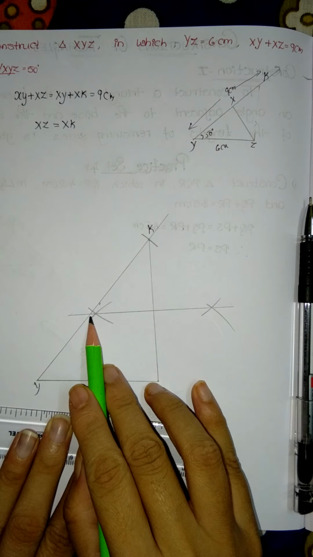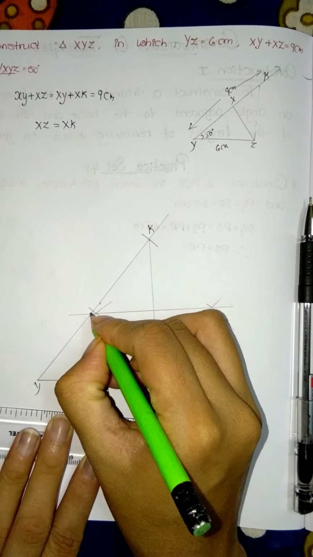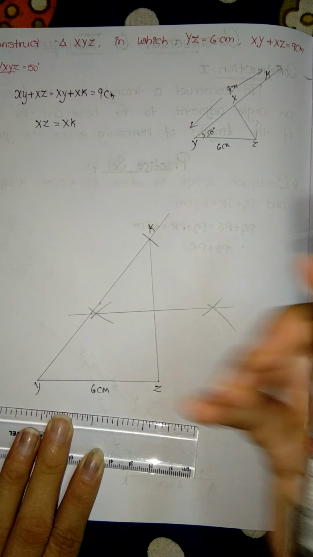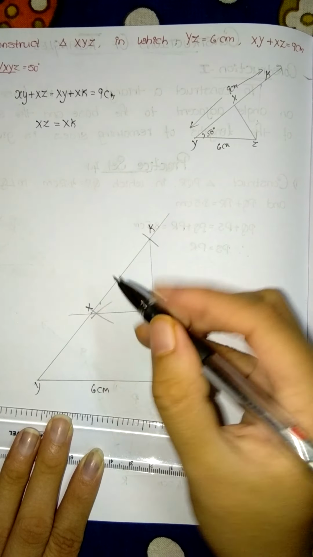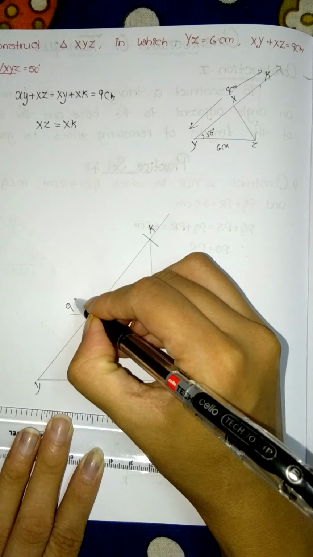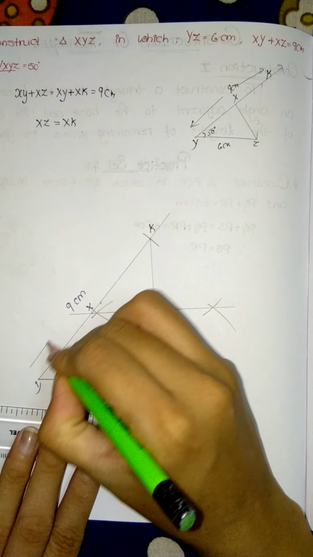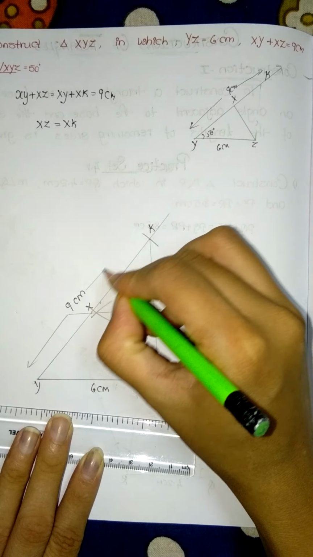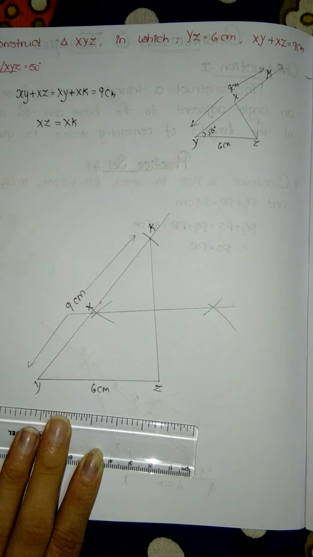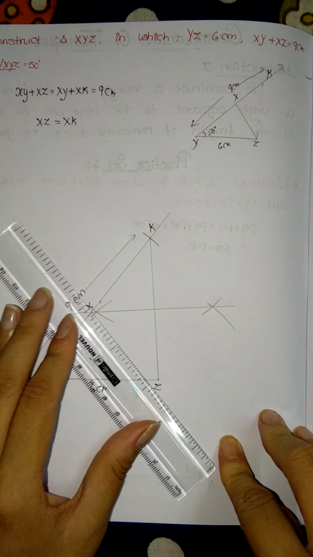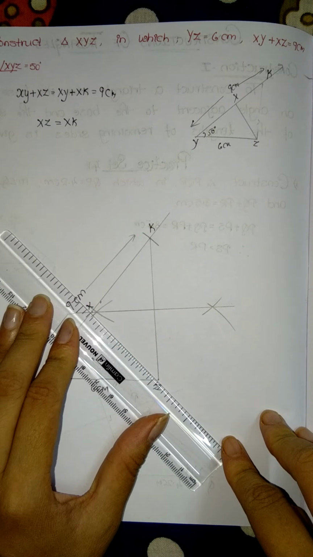The point of intersection is named as X. So this is 9 centimeter. So entire from YX and XK. Now join this X and Z.